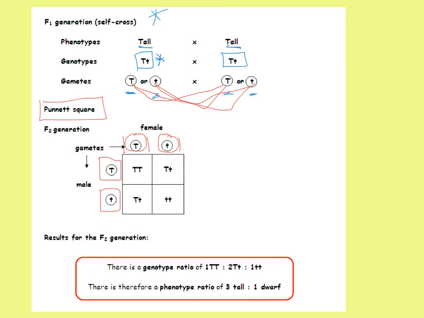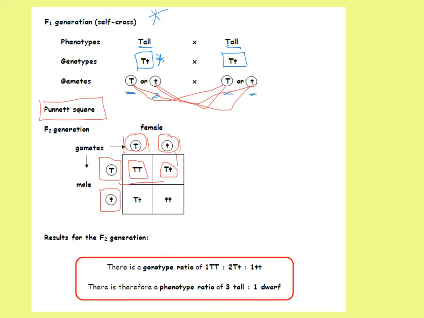So it might be that a large T pollen grain meets up with a large T female egg, and therefore you end up with this. Or on the other hand, if we work along here, a large T meets up with a small t here, and therefore you get an individual with that.